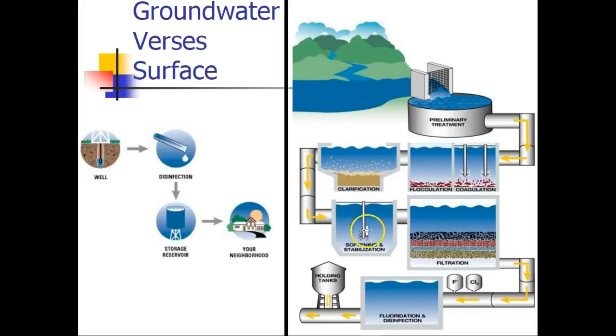And oftentimes it goes through a softening and stabilization process into filtration, and it comes on out, and we might add a few minerals or things along the way to treat it. Fluoridation is common, and again, that's kind of a hot button, very controversial, but we always disinfect. And it basically goes out into the tanks and out into the distribution system.